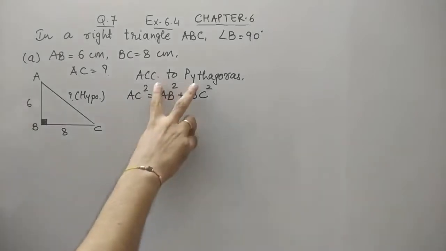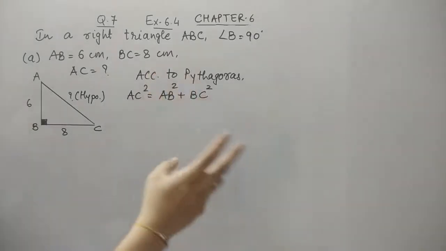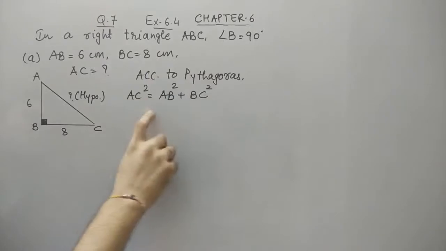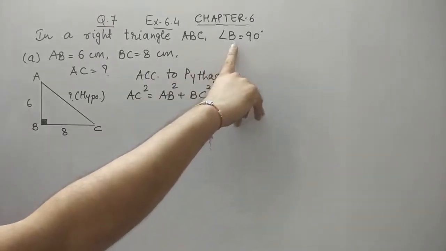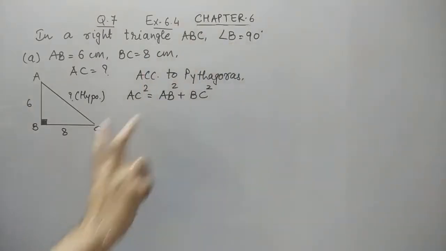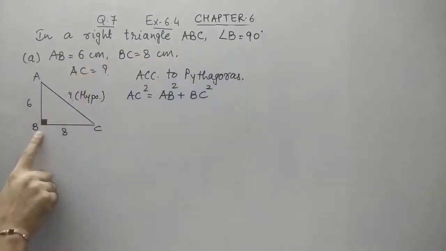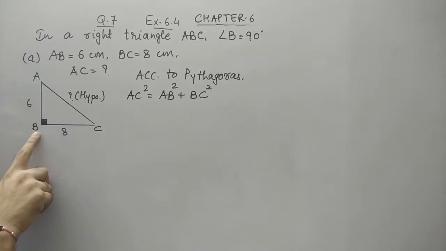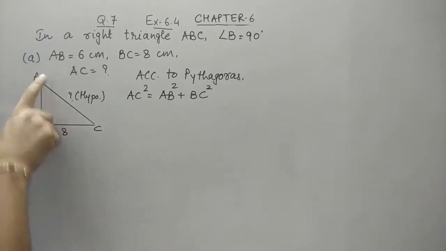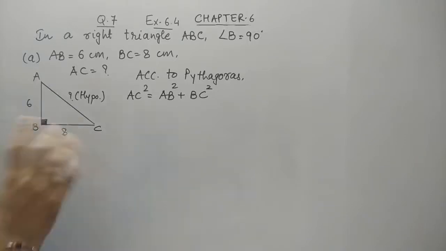So what is Pythagoras? It is a rule. It can be used only for a right angle triangle, to find any side of the triangle. So we should always know which is the right angle. As B is a right angle, the side opposite to it is called the hypotenuse, so AC is the hypotenuse. So what is the Pythagoras rule?